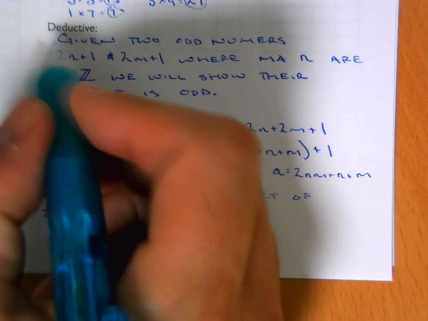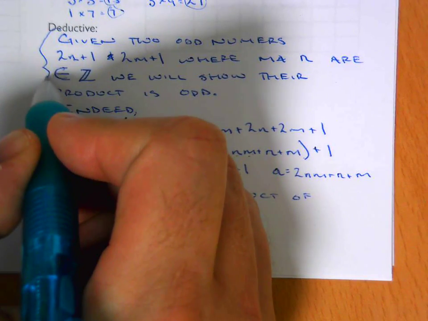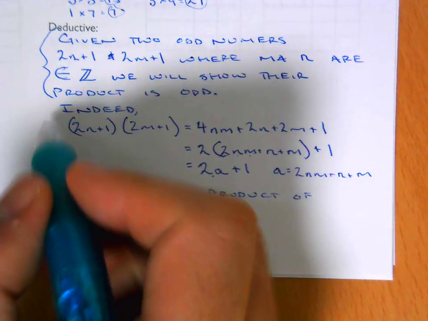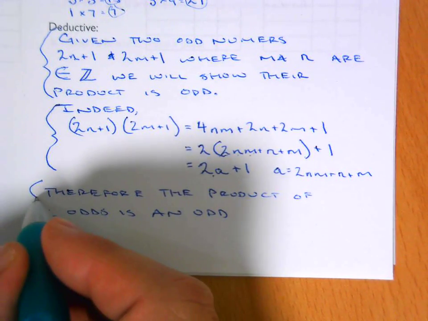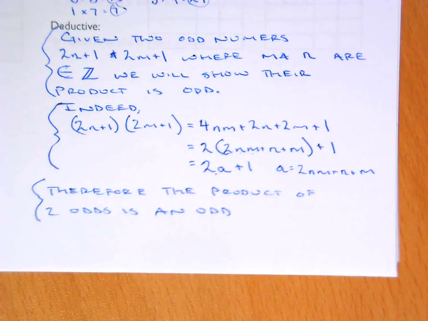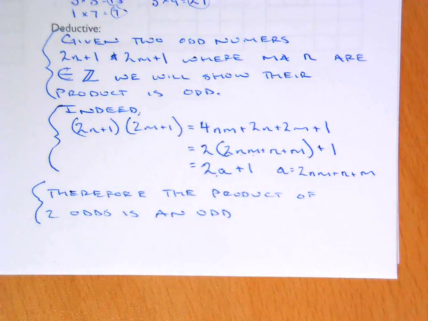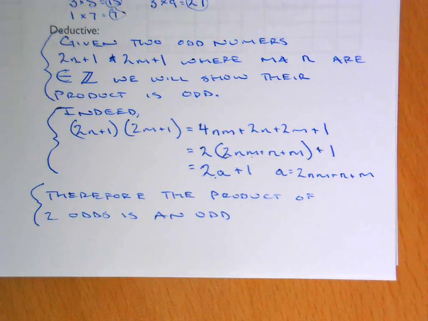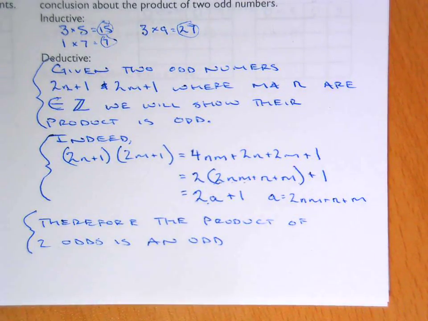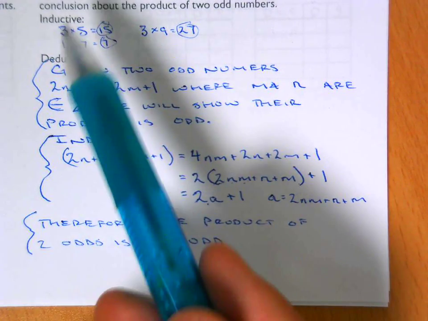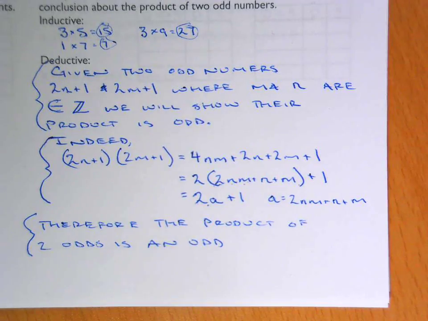You set it up first, telling us what you're going to do. The second step is to actually show us. And the third step is to finish it off. Okay, so that takes us through some deductive reasoning. And hopefully this last example gives you a clear difference in the expectations between inductive and deductive reasoning.